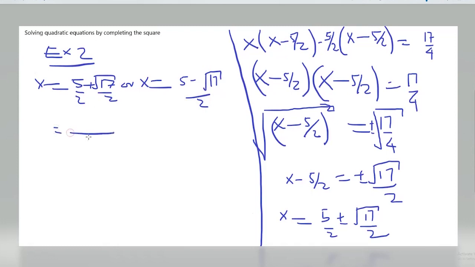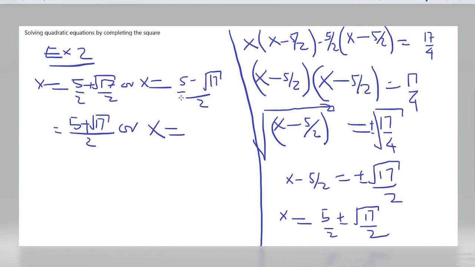Now LCM is 2, then 2 divided by 2 is 1, times 5 is 5, then 2 divided by 2 is 1, 1 times square root of 17, it is square root of 17.